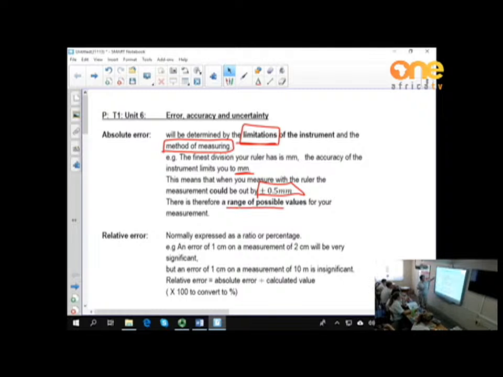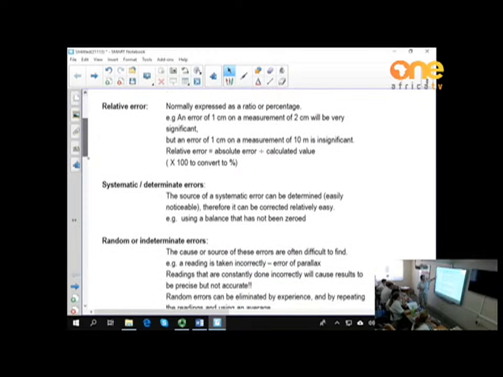Now, the next type of error is a relative error. Now, we express this error as a ratio or percentage. And very simply, if you take your ruler and you measure the width of your book, you can tell me, let's say it is 250 millimeters.